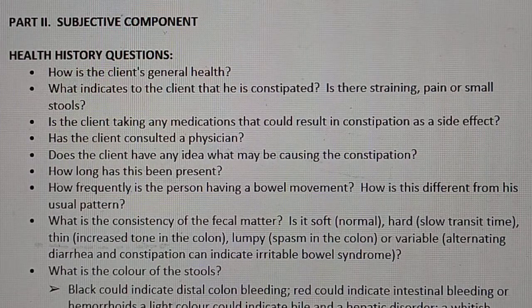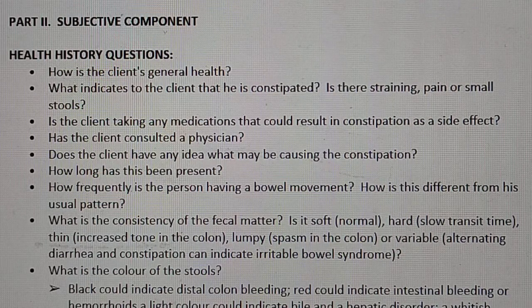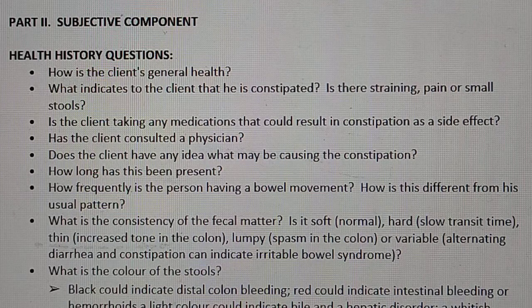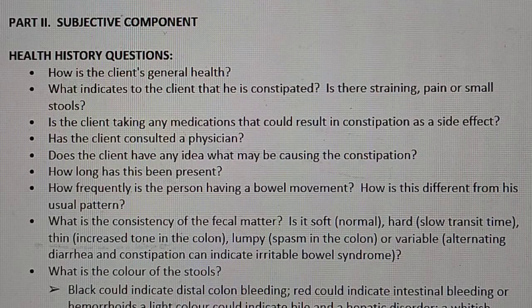Is it soft, which is normal, hard, slow transit time, thin, increased tone in the colon, lumpy, spasm in the colon? If the client shows these symptoms, lumpy, spasm in the colon, or variable, alternating diarrhea and constipation can indicate irritable bowel syndrome. So alternating diarrhea and constipation can indicate another condition, which is irritable bowel syndrome.